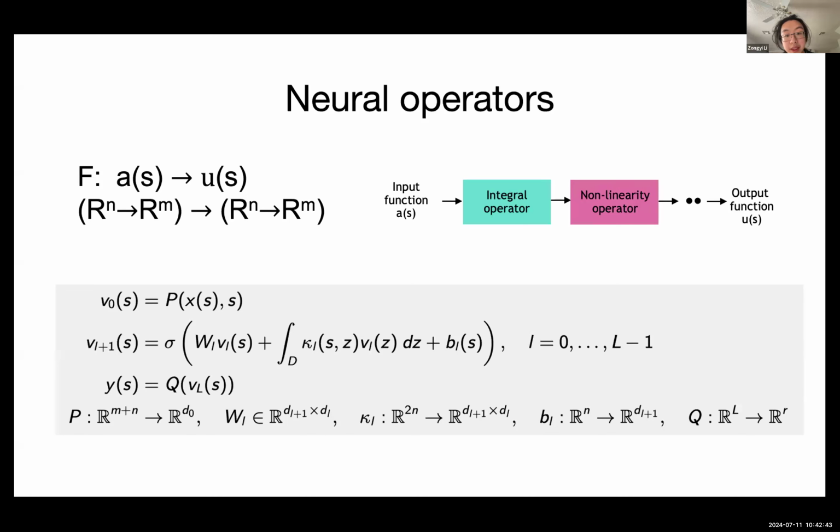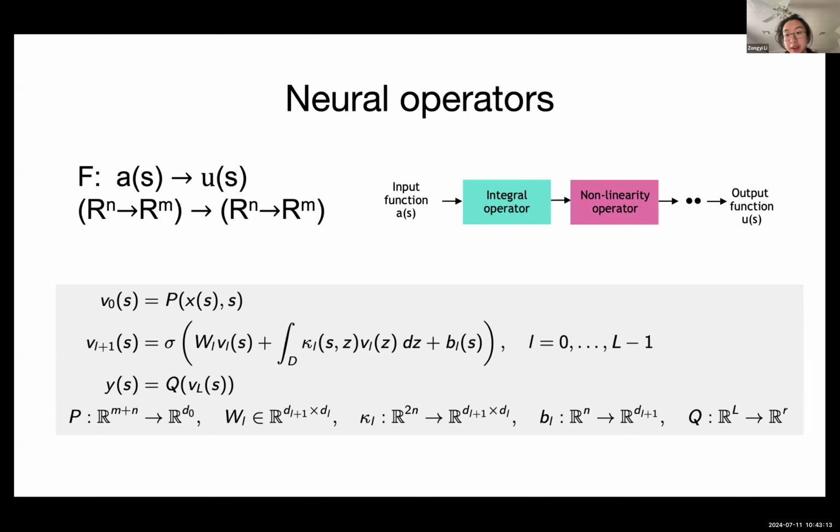There are many implementations. One way is to implement this integral transform using a graph neural network. Another way is to project both functions and kernel into the Fourier space. Then we can parameterize this kernel function using Fourier coefficients. In general, this is one class of methods. We're going to learn linear integral operators.